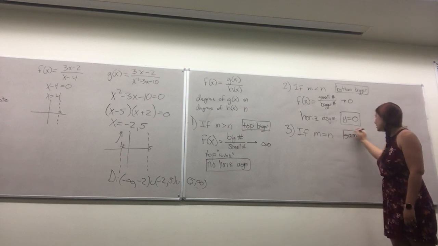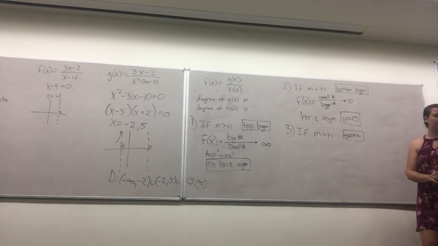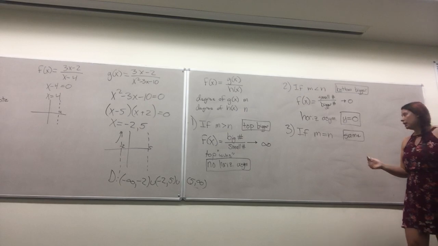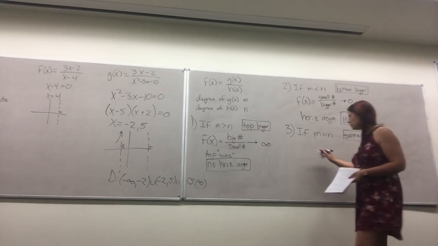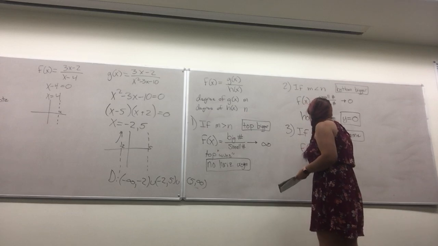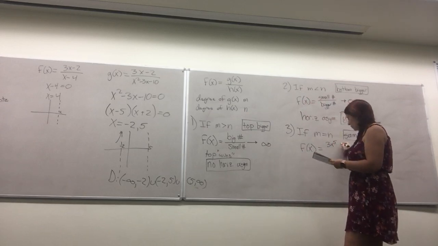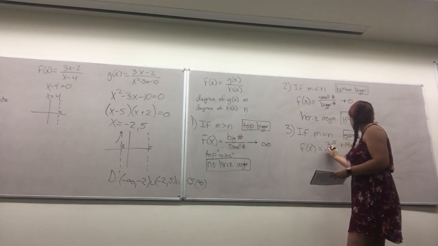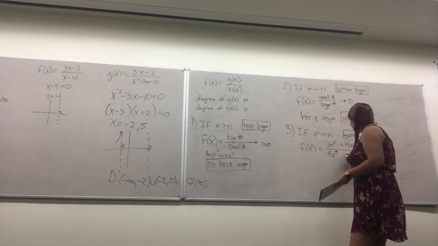Not the same exact stuff, but the same degree. Let's say we had an example, just to look at it. If we have f of x equals 3x to the 5th plus 14x over 4x to the 5th plus 10.